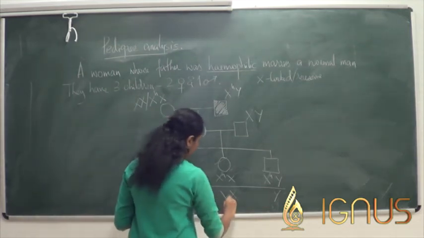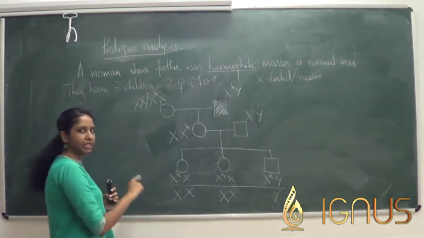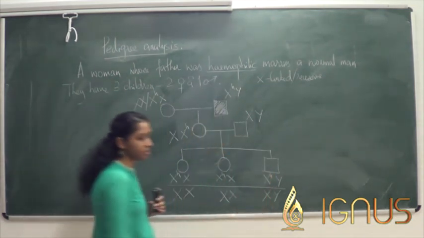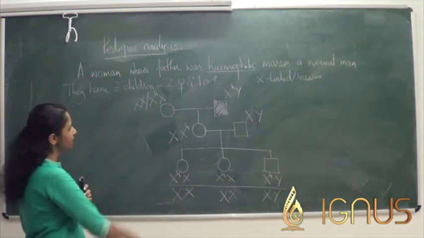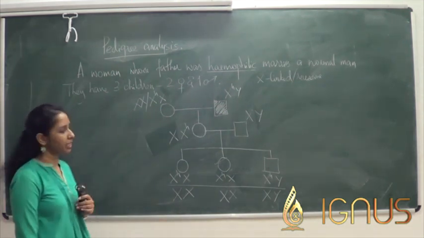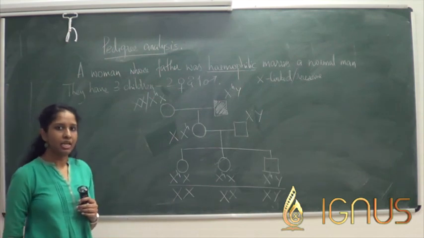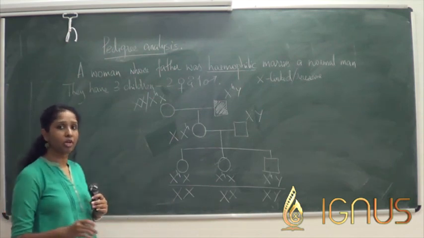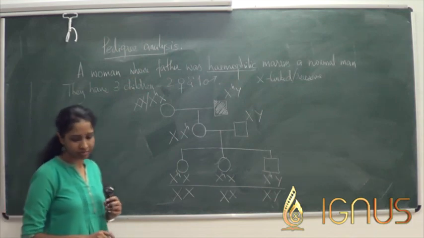This female again will be not affected, not a carrier, and this male here will not be affected also. So these are the probable genotypes that you can have for all of these individuals in the pedigree chart, and also this is how you start plotting a pedigree.